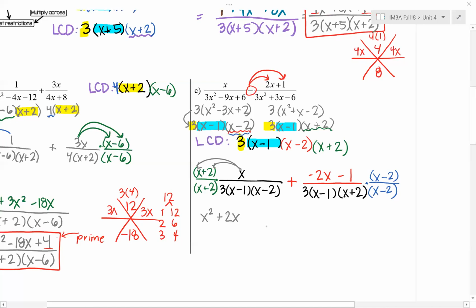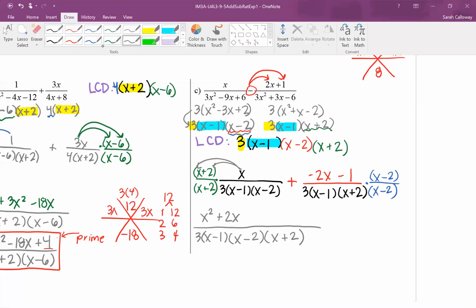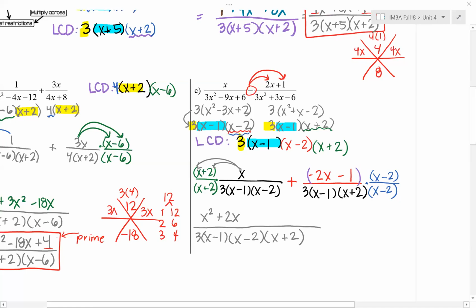And so this whole thing is going to be over my common denominator, 3 times x minus 1 times x minus 2 times x plus 2. Then I have to multiply my numerators in the second fraction, and these are two binomials, so I'm going to end up with something a little more complicated.